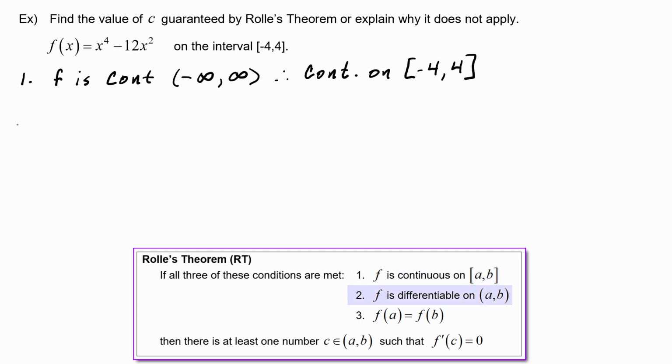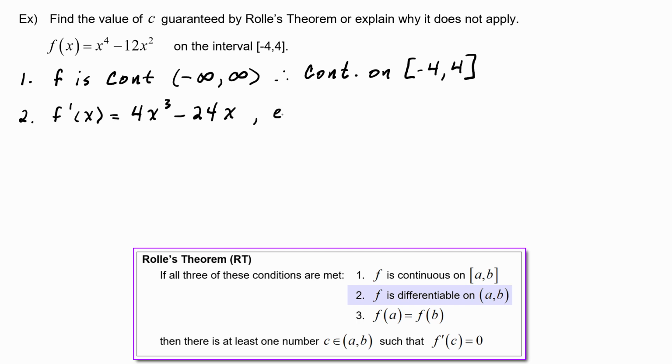We have to know that f is differentiable on the open interval from -4 to 4. So that means since we don't have the graph, we actually need to take this derivative and find the places where it exists. F prime of x is going to equal 4x cubed minus 24x.